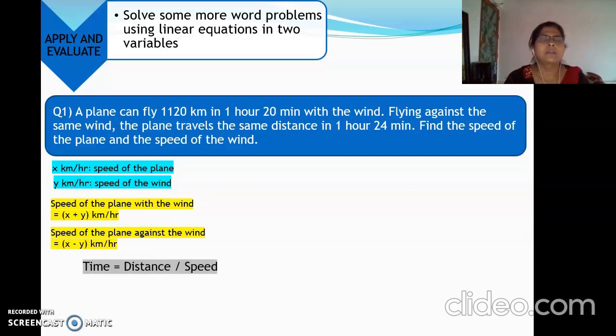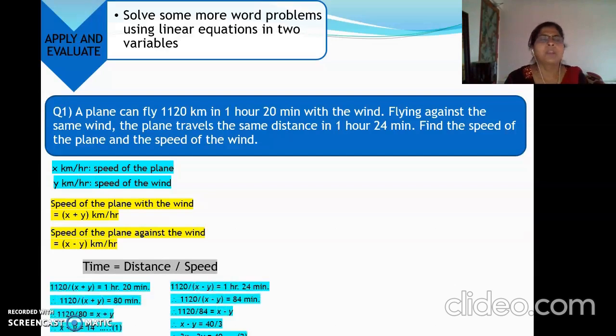As time is equal to distance upon speed, when the plane is traveling with the wind, the distance is 1120 kilometers divided by speed x plus y. Time is 1 hour 20 minutes. Converting this into minutes, we get 80 minutes. So solving this, we get equation number 1, that x plus y is equal to 840.